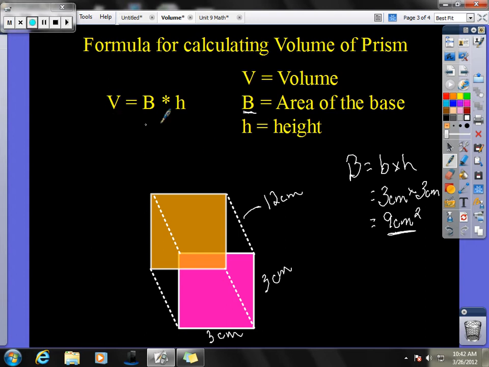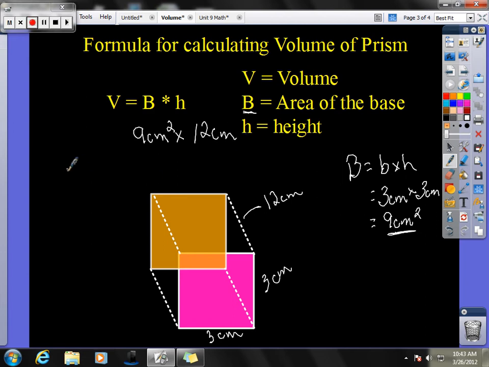I go over here and use this equation then to solve for volume. If big B, the area of my base, is 9 centimeters squared, I'm going to multiply that by how high my prism is. If this section is the top, the height is going to be 12 centimeters. So I multiply that times 12 centimeters.